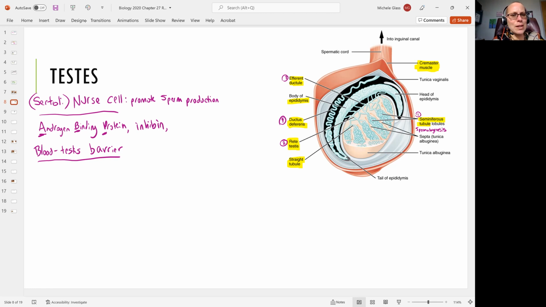Because the sperm cell is going to contribute genetic information to the next generation, and we want to be very protective of that. So we'll see the blood testis barrier is formed by the nurse cell, and it's going to keep blood-borne substances from reaching our spermatogonia.